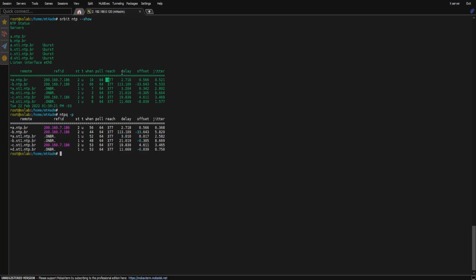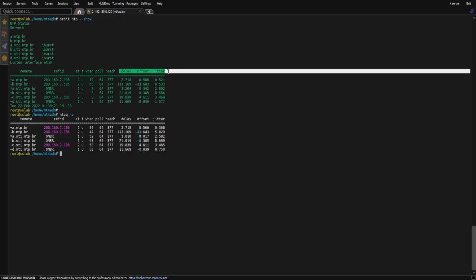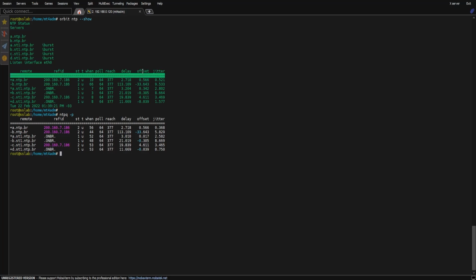From here we have the 3 main columns. The delay column means the delay or round-trip time in milliseconds of the packets to the time source. So the delay means what the name already says: the delay of the data packets sent to the time source. The offset, I'd say, is one of the most important columns, which is basically how much the local clock of the operating system needs to be advanced or delayed in milliseconds to be equal to the time of our source.